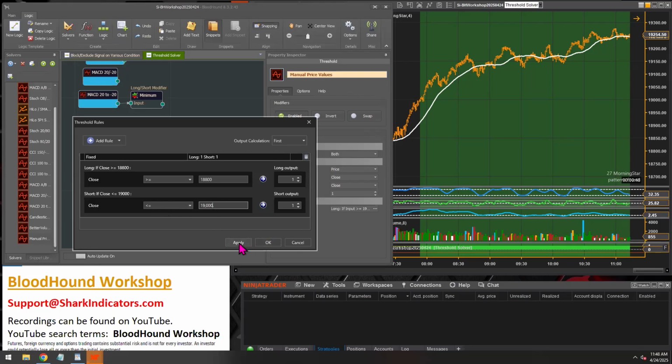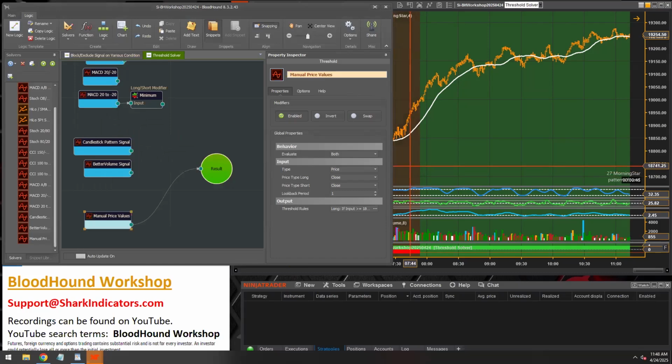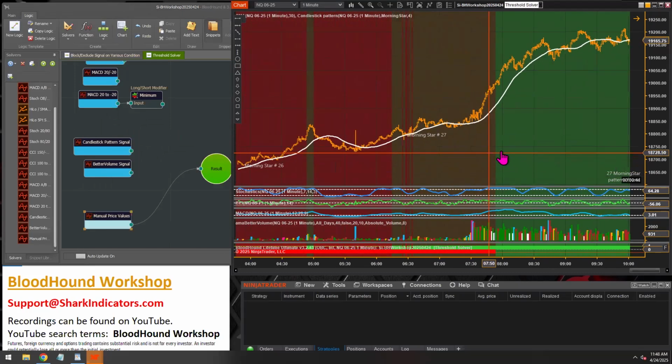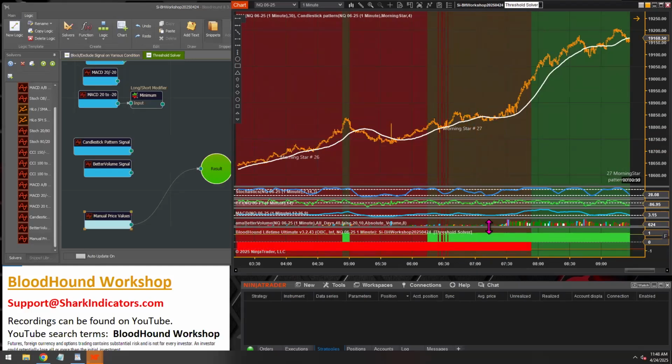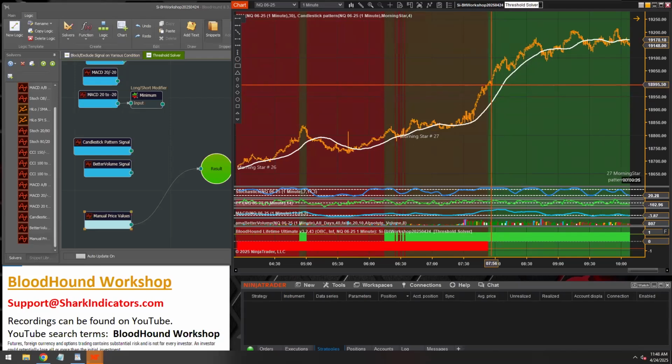Right, so if we look at this, this now says we can trade long and short when we're in between those two values, those two price ranges. But once you go above 19,000, it's long only trades.